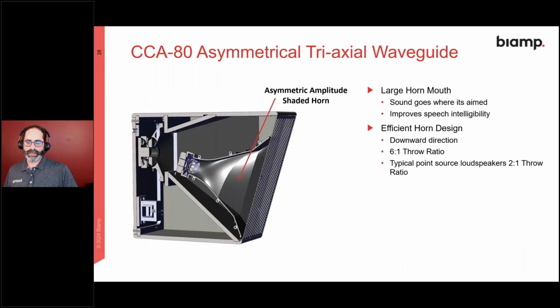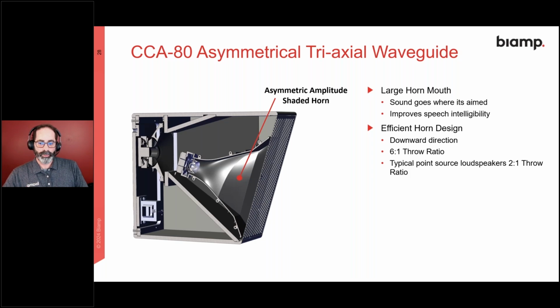All right, what's inside of this guy? Well, I certainly can't take the grill off and show you around inside, but we can look at what's happening. This is an asymmetrical horn for the mid and high driver, which is actually a single driver with two transducers in it. So it acoustically sums very well by itself and then plays through this asymmetrical horn. The shape of the horn top to bottom is not uniform. If you look at it from the front, it's wider at the top, narrower at the bottom.